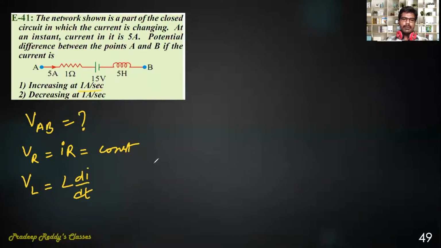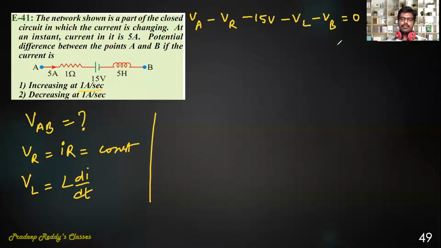So first I will write down Kirchhoff voltage law for this equation. Voltage at A minus voltage through resistor minus 15 volt minus voltage through inductor minus voltage at B is equal to 0. Do you have any doubt in this?